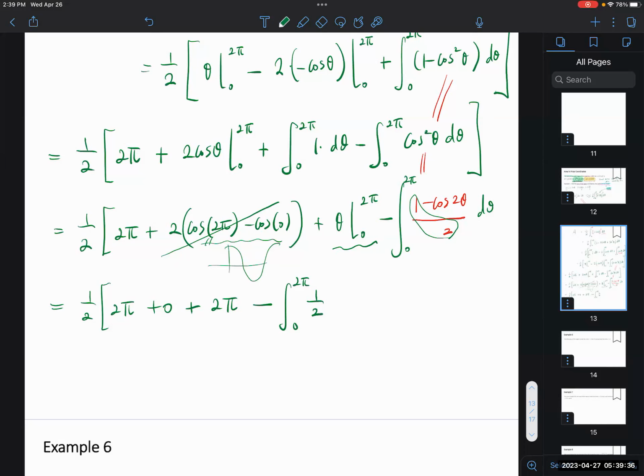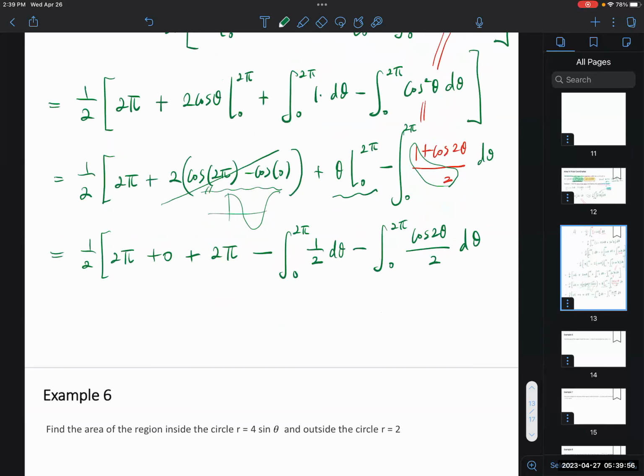Oh, yeah, 1 plus, my bad. I haven't done it yet, so that's good. So I'm going to separate it, 1/2 d theta, and then negative the integral from 0 to pi of cosine 2 theta over 2 d theta. Okay, good. Better? So anyway, we have a 1/2.